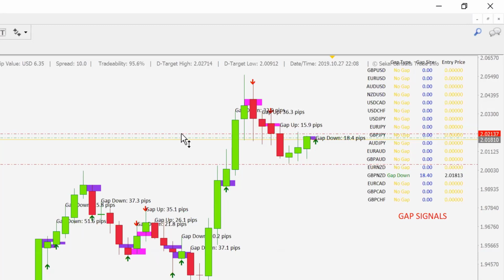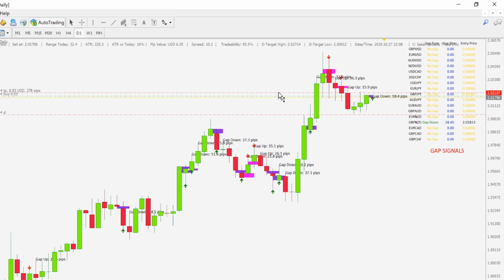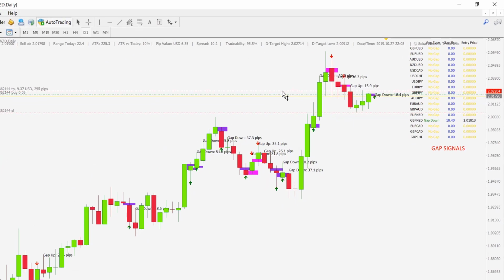We can make it the size of the gap plus spread. The spread is 10 pips, the gap was 18, so 10 plus 18 is 28. So let's make it about 28 here. Something like that.